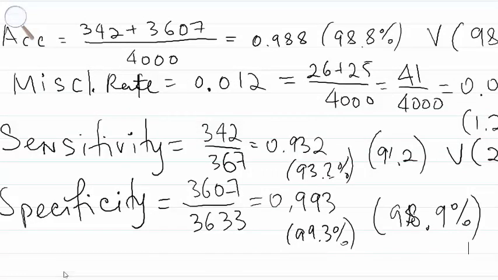Now, let me tell you the warning. In actuality, this is too good of an example. You will never see that high accuracy, sensitivity, and specificity in real world examples. So the best probably that you can hope for is 75, 80, 85% accuracy. And sometimes the model actually does a better job predicting no's as opposed to yeses.